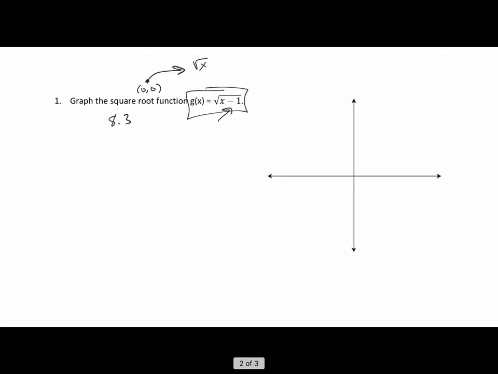And that is if you have adding or subtracting inside that basic square root function. So inside, that's going to be a horizontal shift. And it does the opposite of what you think it does. So no, it doesn't go left, it goes right 1 unit. So we'll go to the right. Instead of 0, 0, we'll be at 1, 0 for our starting point, and it looks like that.